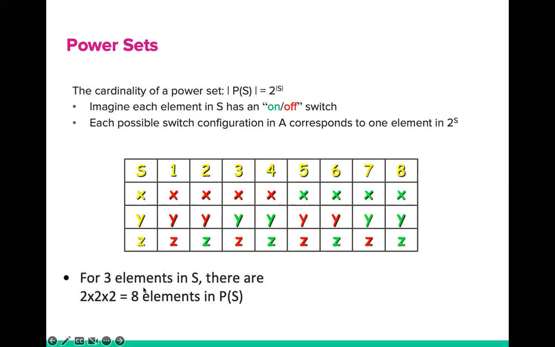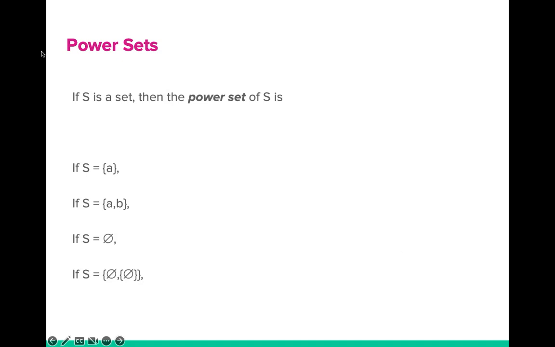So if we have 3 elements in S, this will be equivalent to 2 raised to 3, which is equivalent to 2 times 2 times 2, which is equivalent to 8 elements in the power set. Okay, now suppose we have a set S. So what would be the power set of S if S is a set containing only an element A?